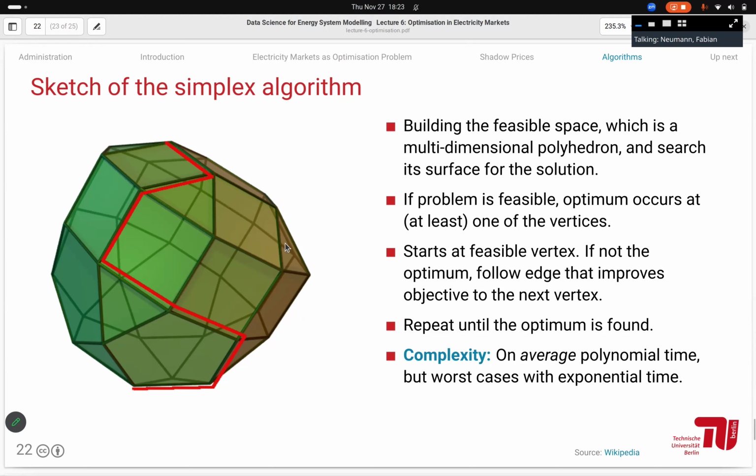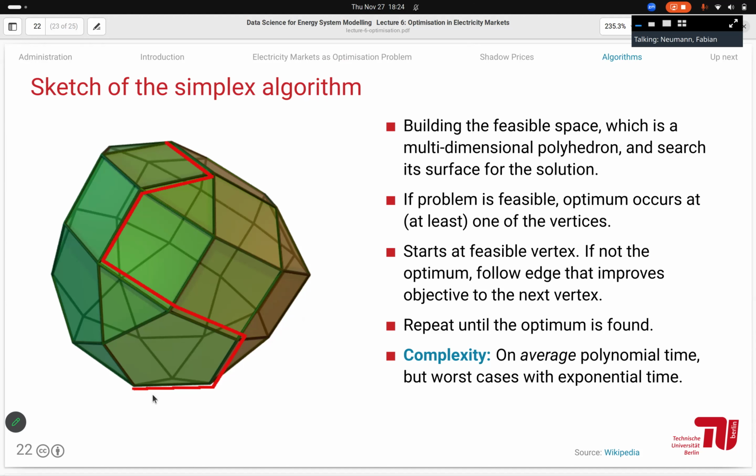The algorithm works by starting at one of the corners of this feasible space, and then traversing along the space for lower cost solutions. And you repeat that until the optimum is found.